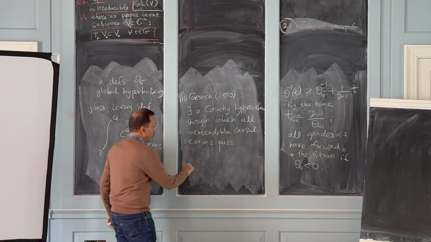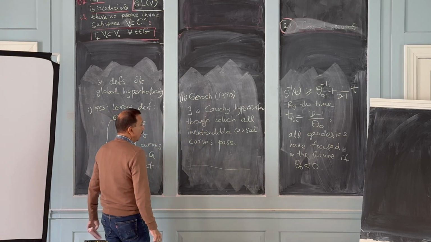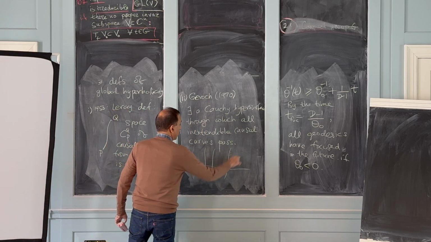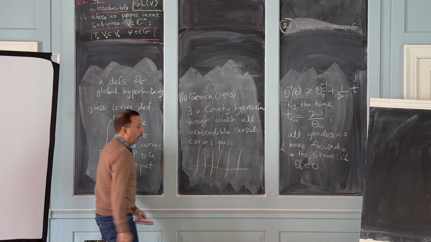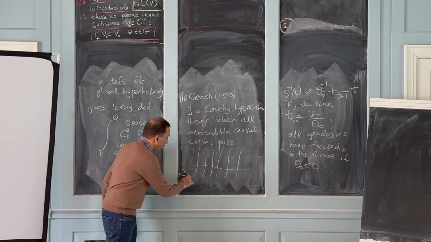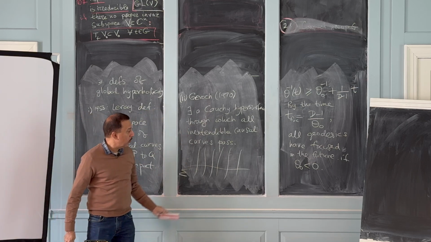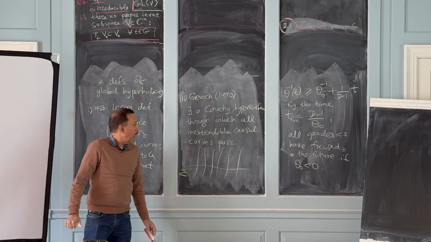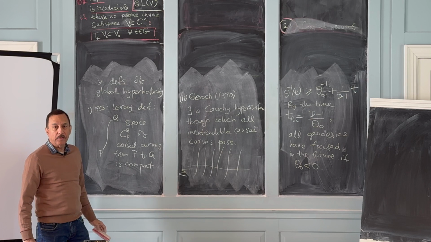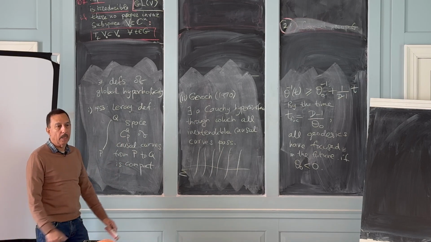You have some achronal surface, and then every causal curve must pass through it, either going to the past or to the future. And if there is such a Cauchy hypersurface, then the whole spacetime is called globally hyperbolic.